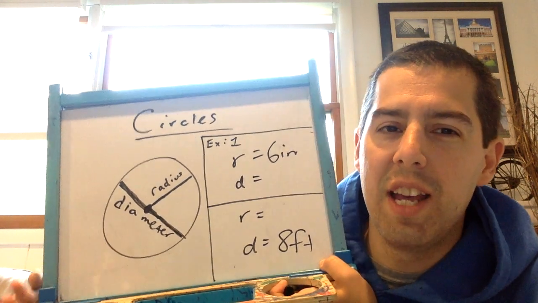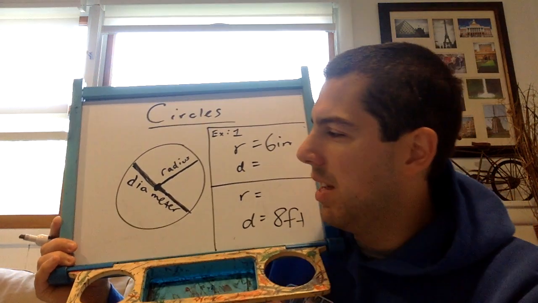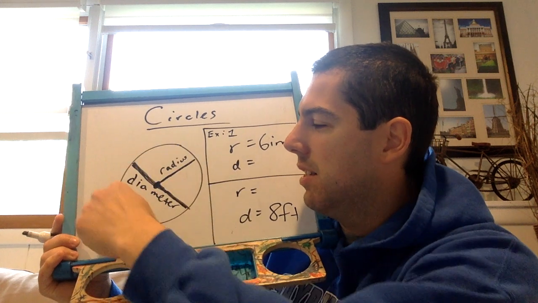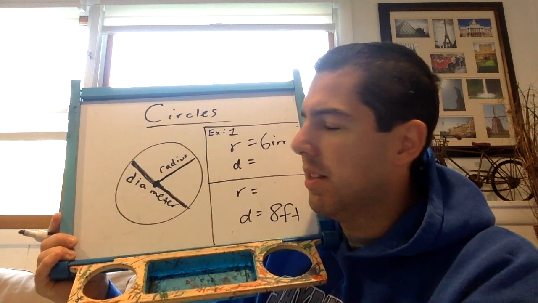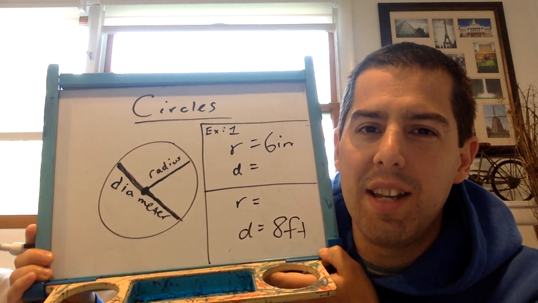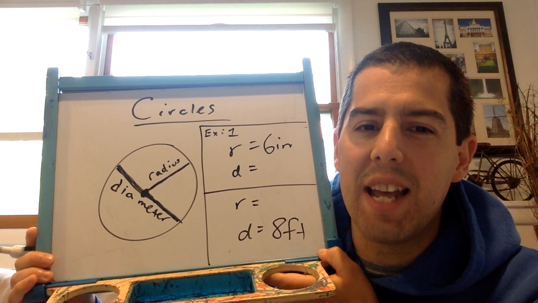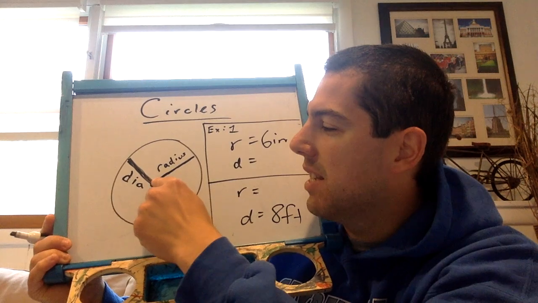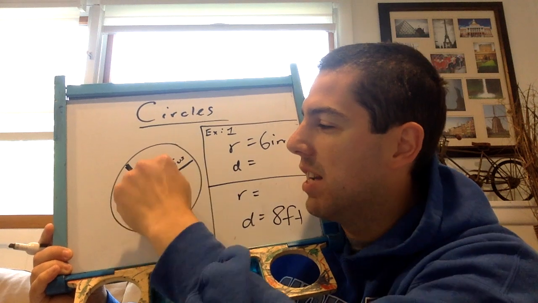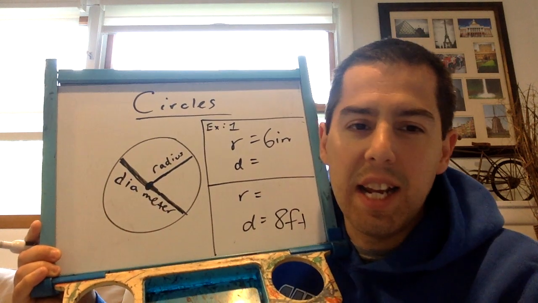If you take a look, a circle is made when a center point is equidistant to points around the shape, and the difference between the radius and the diameter is that the radius starts at the center and extends to any one of the points. I could have had the radius going up, left, down, right, in any direction.